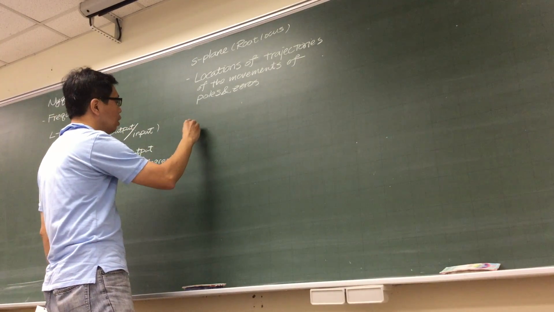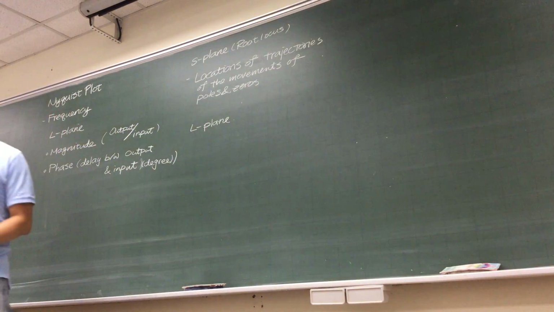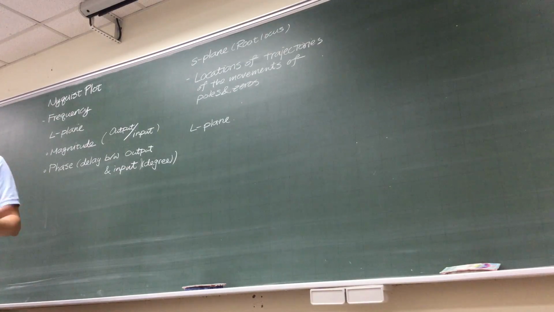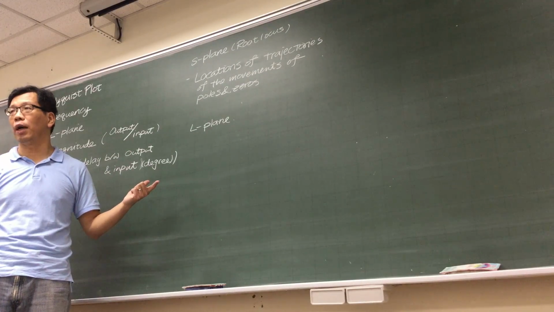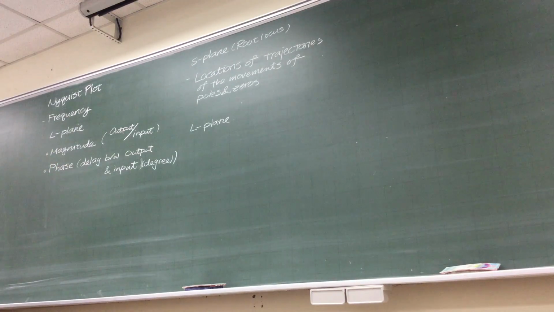But over here we are talking about L plane. Still, we are talking about real axis and imaginary axis. But this time we are not talking about the pole location. We are talking about the ratio between the input and output. So if you are putting the magnitude, output over input, if we do not take the absolute value, originally we should have real part and imaginary part. When we try to find the magnitude, we are taking the square root of the imaginary part squared plus the real part squared.